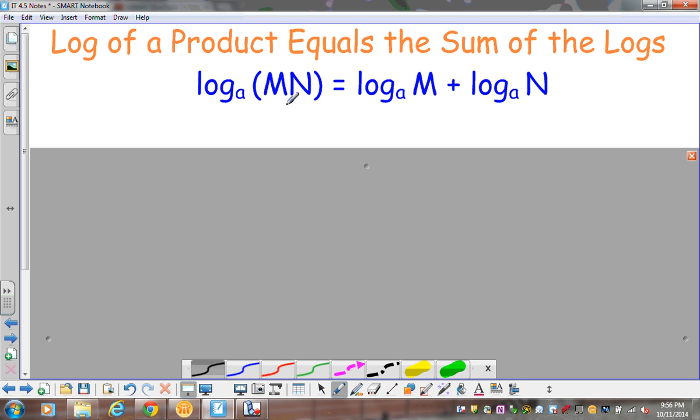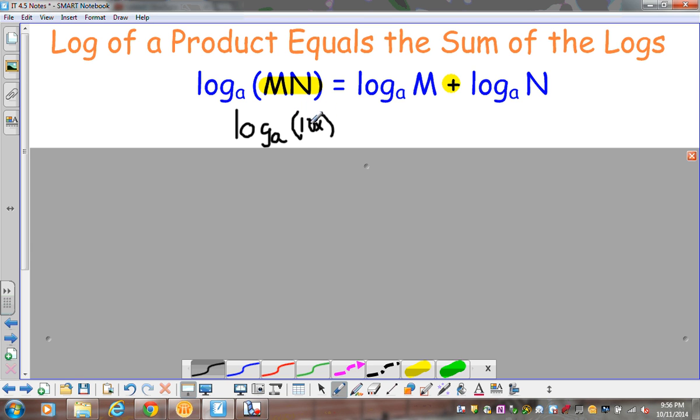But if I have two numbers being multiplied, then I can expand that, is how we usually say it. We can expand that into two separate logarithms being added together. So we have multiplication that goes with addition. So if I had, just as an example here, log base A of, we'll just say 10x.